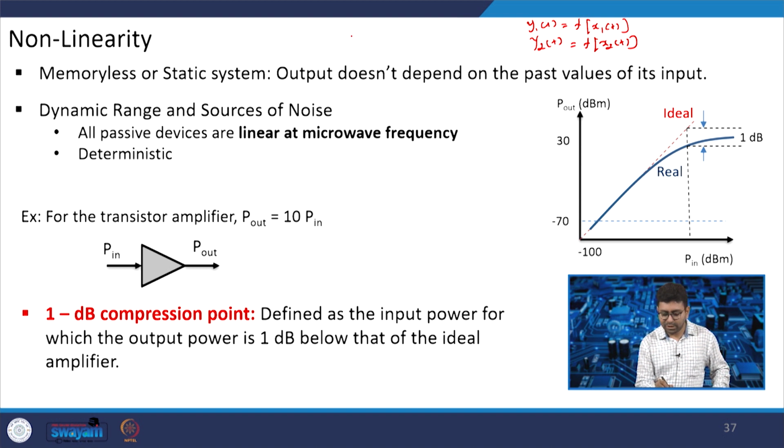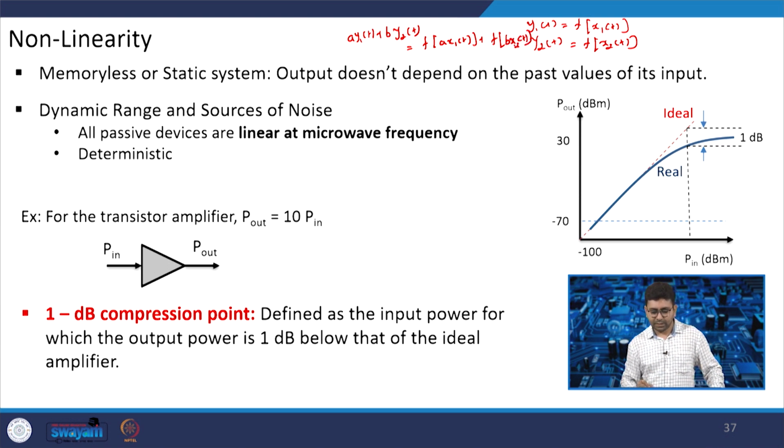The condition for linearity is that a y1(t) plus b y2(t) equals f of a x1(t) plus b x2(t).